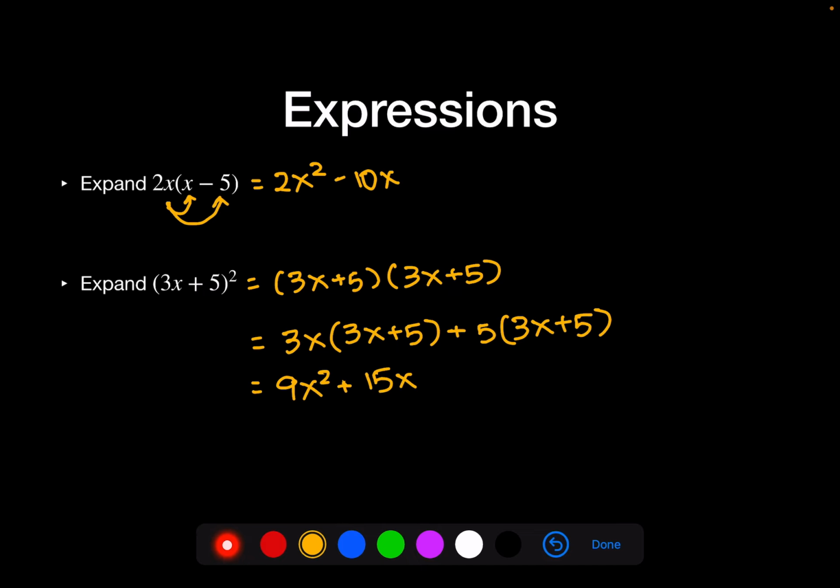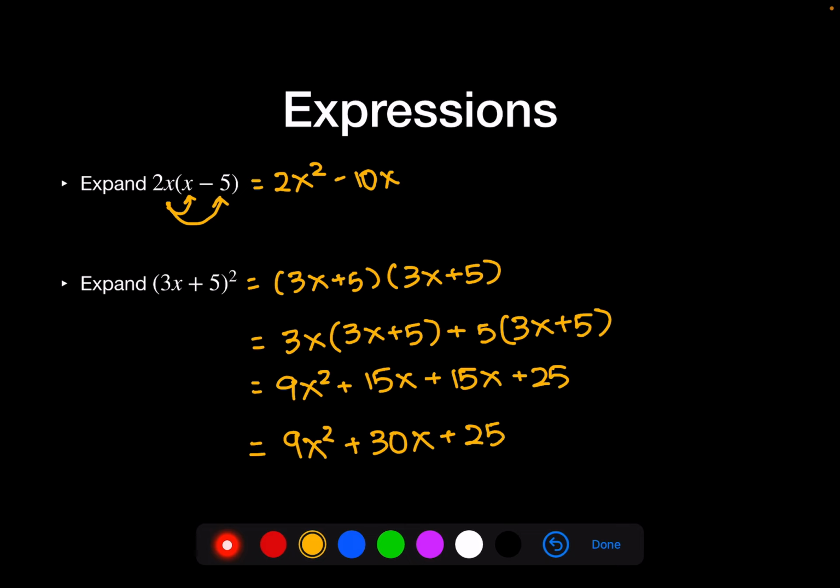Next we have 5 times 3x again, so that gives you 15x once again, and then 5 times 5 is just 25. All of them are positive in this case, so we don't have to worry about negative signs. One last step is that these two terms are like terms, both of them are x terms, so we can combine them. The final answer we get is 9x squared plus 30x plus 25.